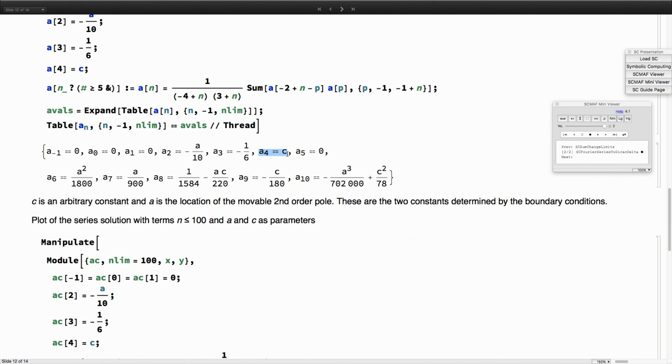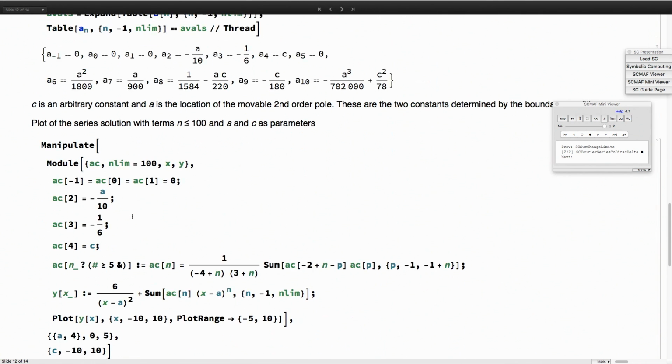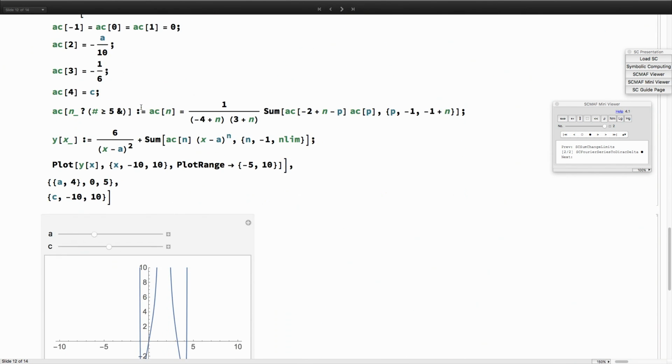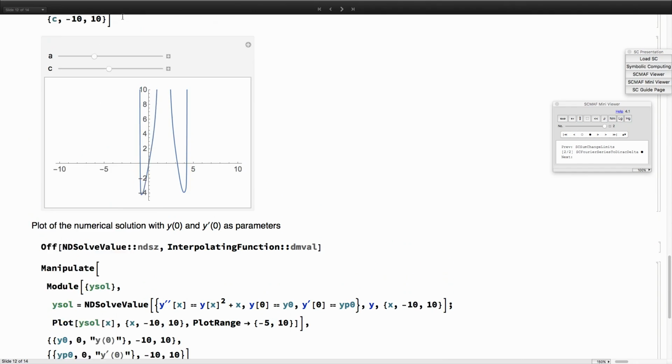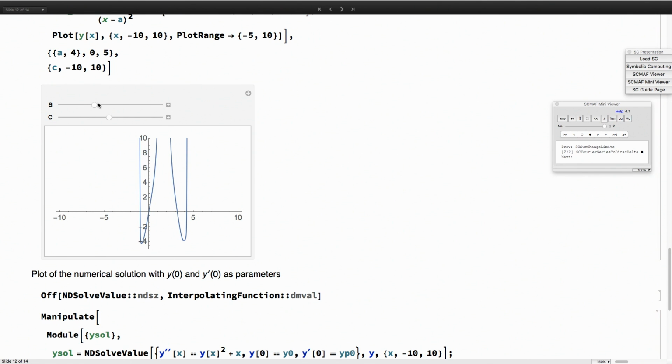So we have one constant of the equation, and then a is also a constant. It is a movable singularity, and therefore a and c are the two free parameters. And these are determined by the boundary conditions. So if you plot the series solution for different values of a and c, a is the singularity.